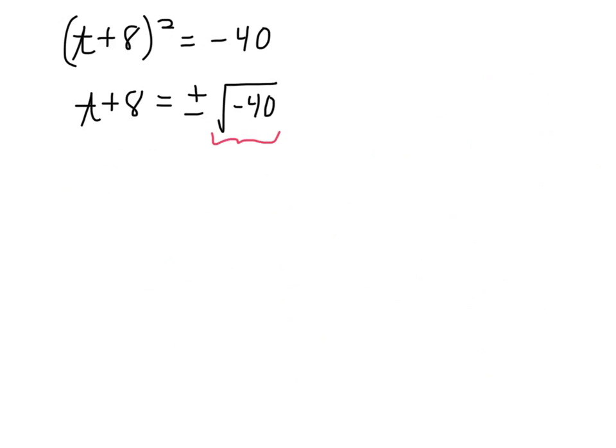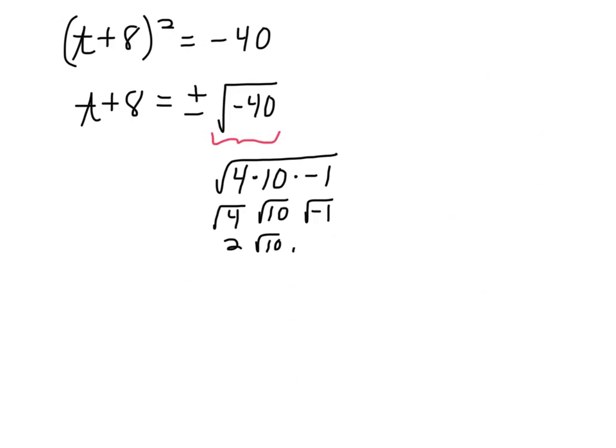And the way to think of that is it's going to be the square root of 4, which is a perfect square, times 10 times negative 1. And when you split that into 3 parts, it's square root of 4, square root of 10, and square root of negative 1, which would be 2 root 10, which you can't do anything with, and then i. So what we have is t plus 8 equals plus or minus 2 root 10 i.